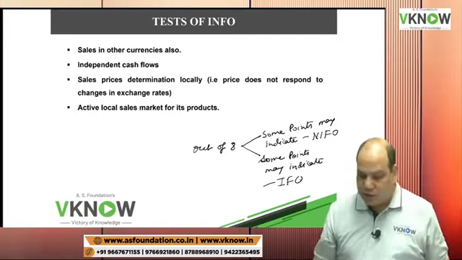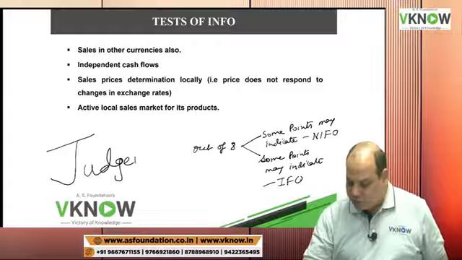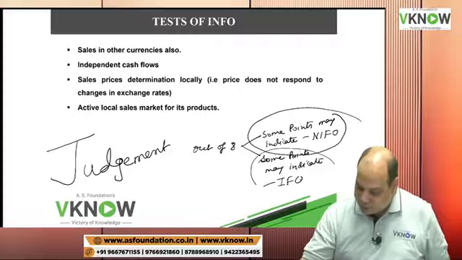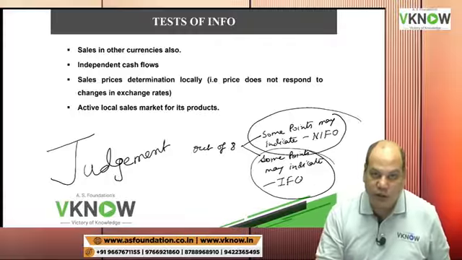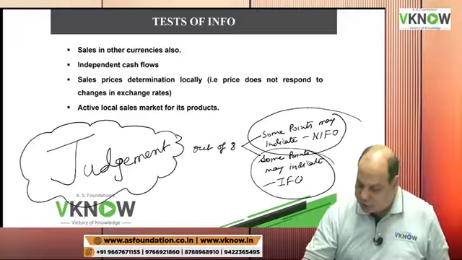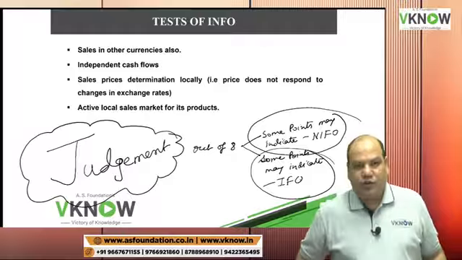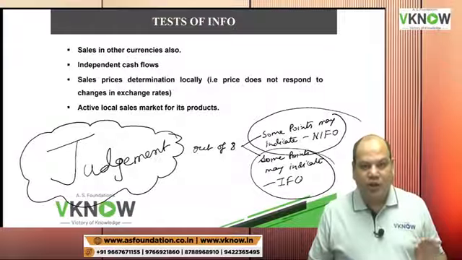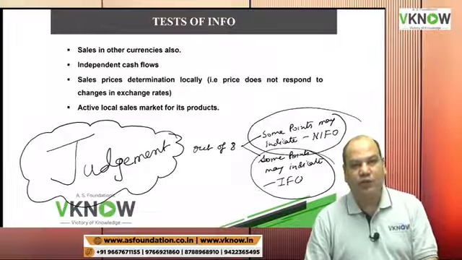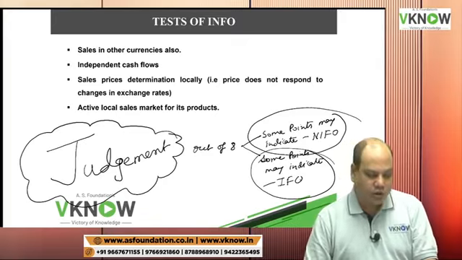So what this standard says is, if you have some points in favor of NIFO and some points in favor of integral foreign operation, the enterprise should apply its judgment. The management has to decide whether they want to call that foreign operation integral or non-integral.